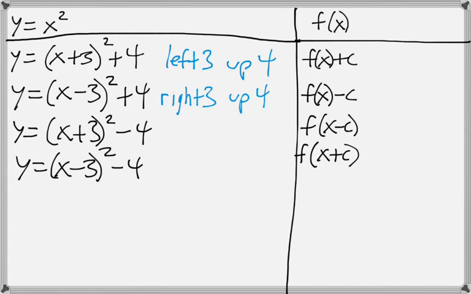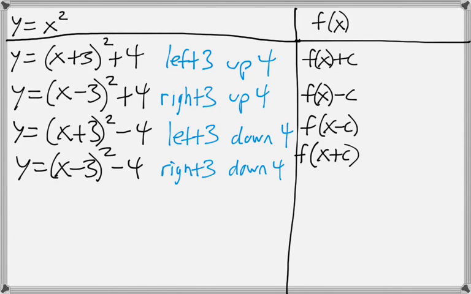If it's plus 3 on the inside and minus 4 on the outside, then it would be left 3 and down 4. And then the last case would be if it's a minus 3 on the inside and a minus 4 on the outside, then it would be right 3 and down 4.